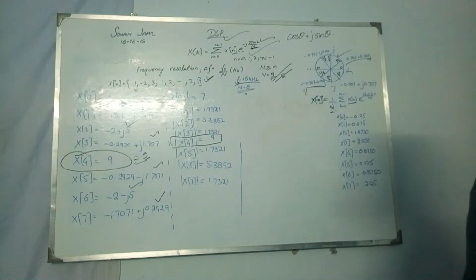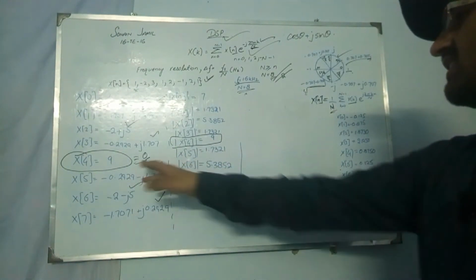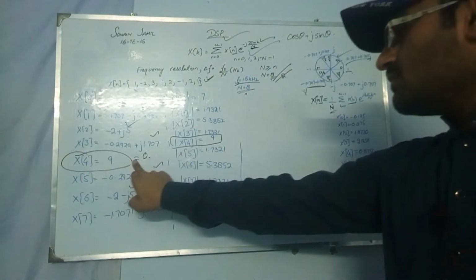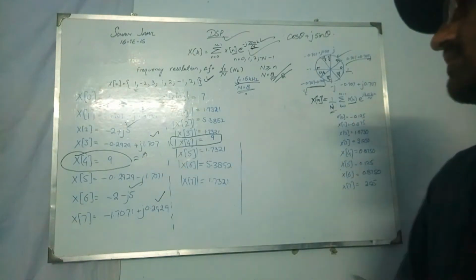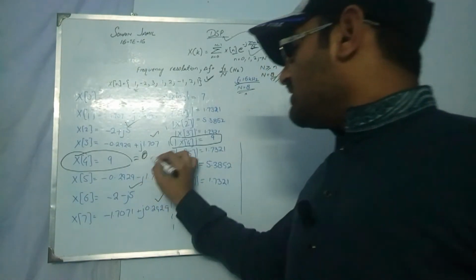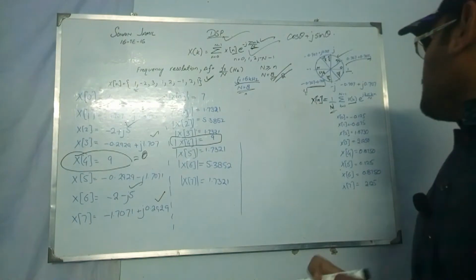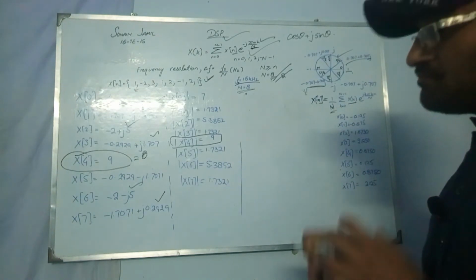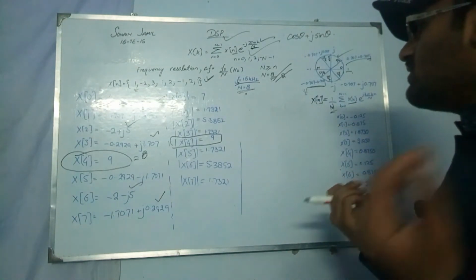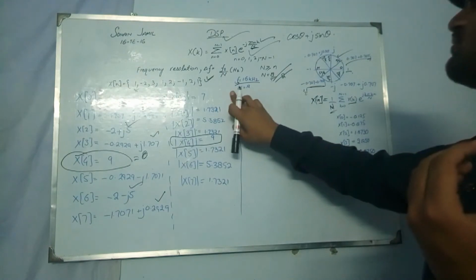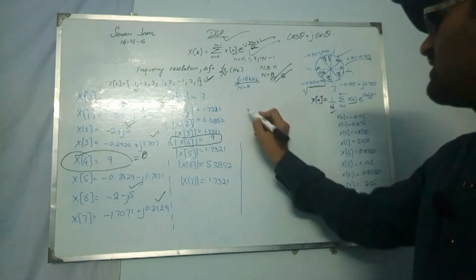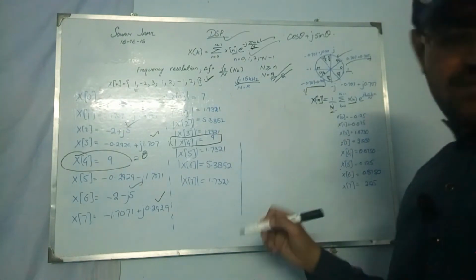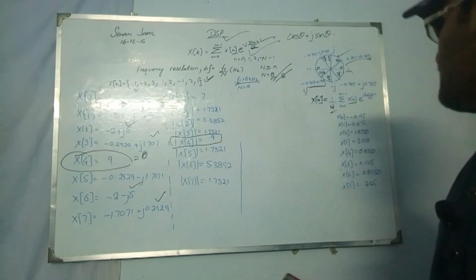Now, what will be the difference when I make this value or frequency 0? When I filter out this frequency, what will the signal look like in time domain? I want to plot this again.